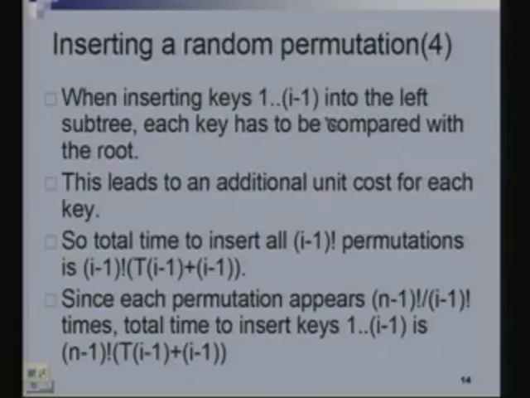Okay, good. So, when we are inserting the keys 1 through I minus 1 into the left subtree, we go back to the previous setting. Recall we are considering only permutations in which the first element is I. So, the keys 1 through I minus 1, when we are inserting, will all be compared first against I, and then we will go and put them in the left subtree.